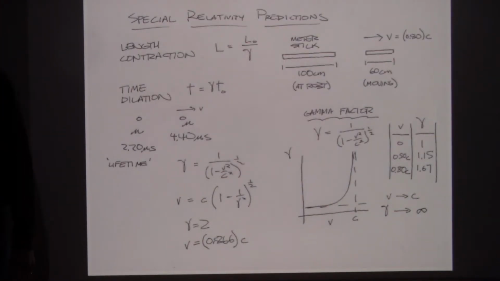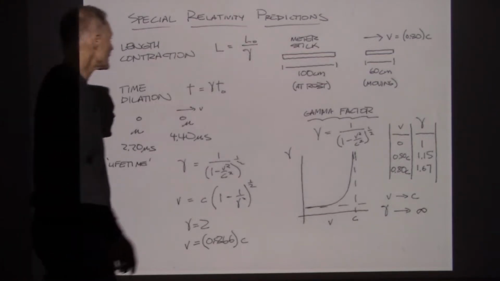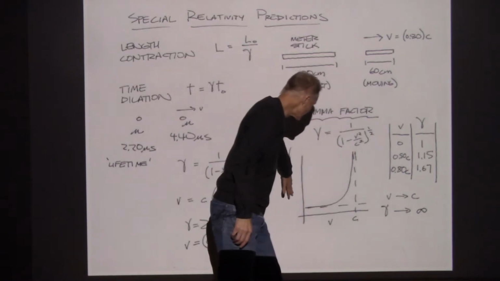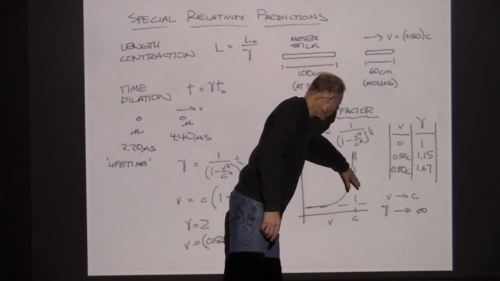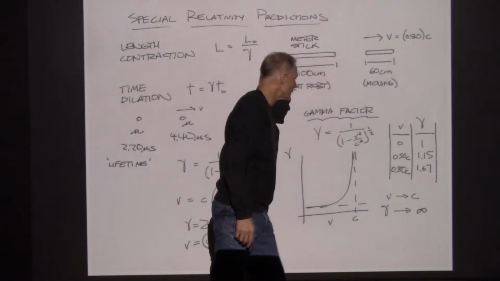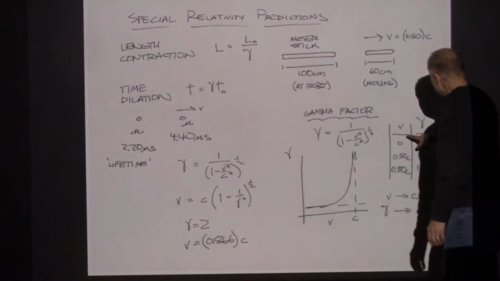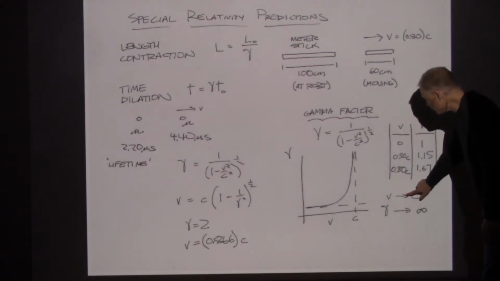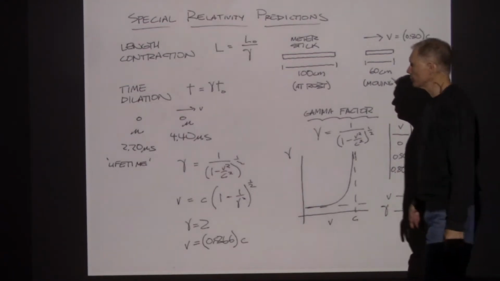There's no such thing as going faster than c. So the gamma factor is defined over this allowed velocity range between 0 and c. And these are just a couple of values. We'll see more examples of calculating gamma as we go along. As v approaches c, gamma heads off to infinity.